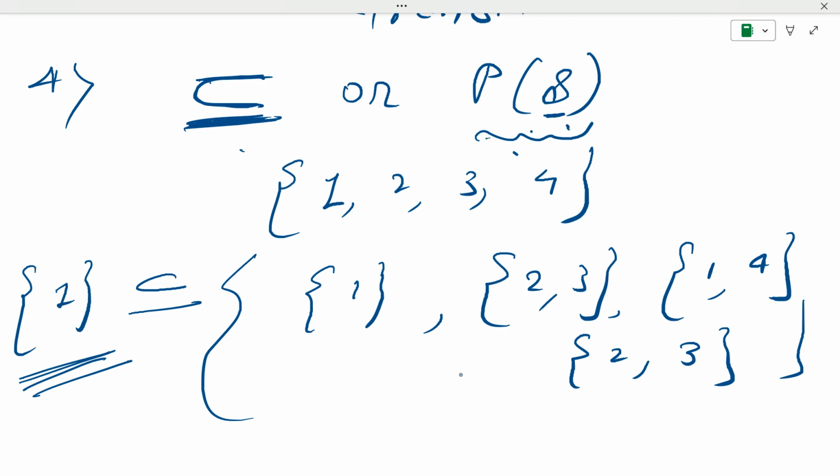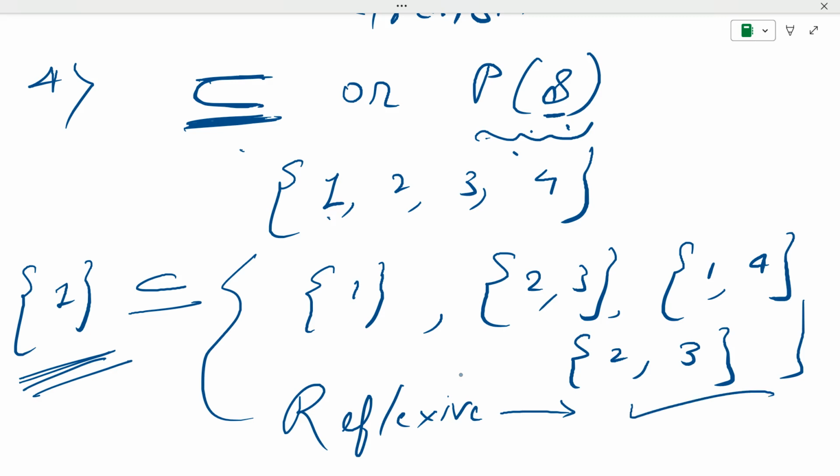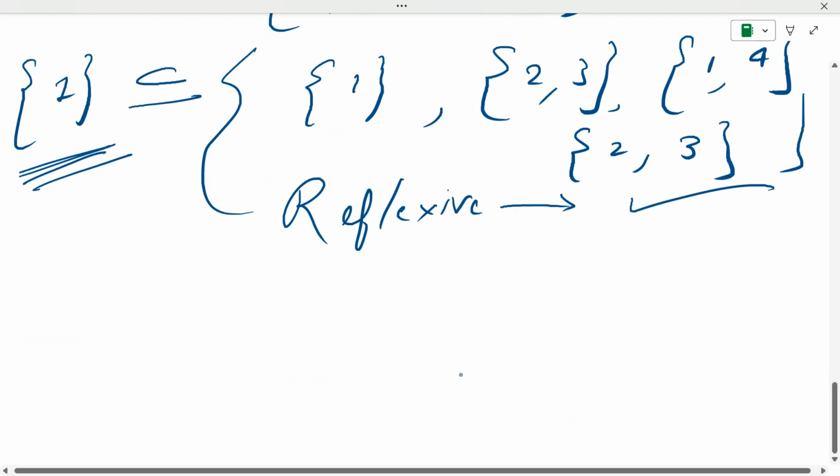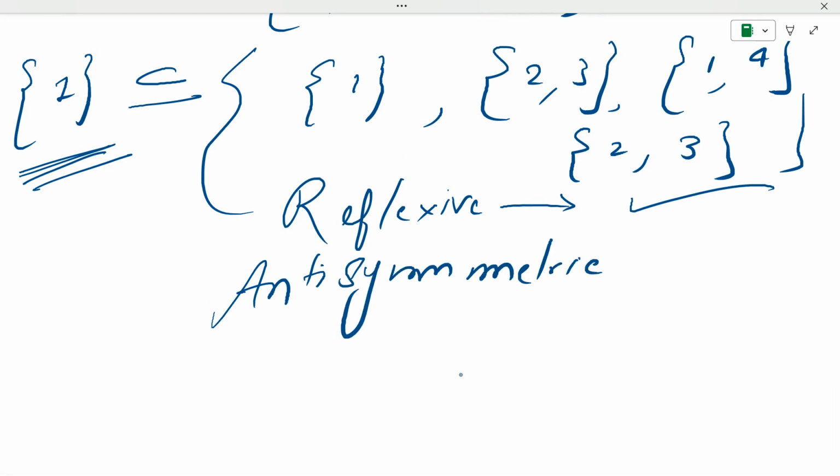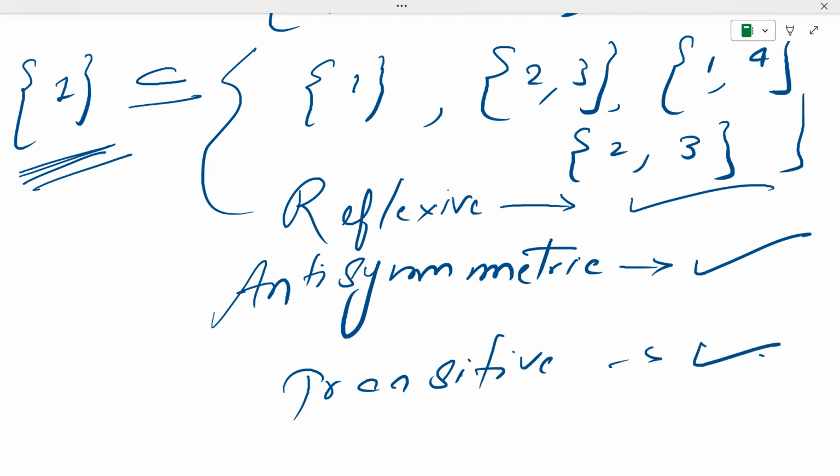Okay, so is it reflexive? Definitely it will be reflexive, because it will contain all the entries of the power set, right? It will also be anti-symmetric, because if it contains two entries in reverse order as well, they must be equal. And it is also transitive, I'll show why in just a second.